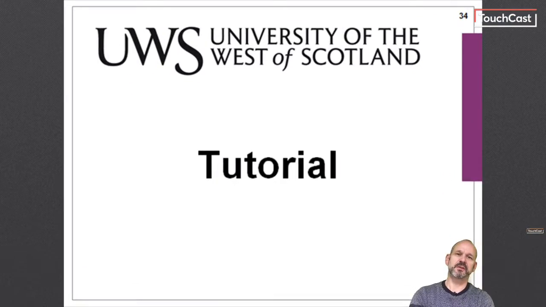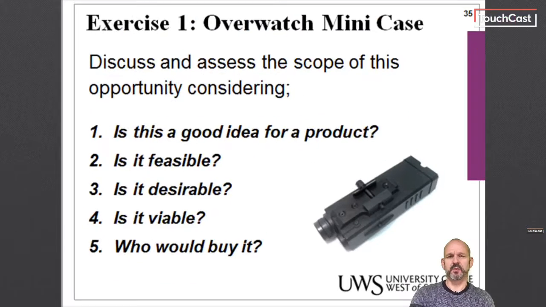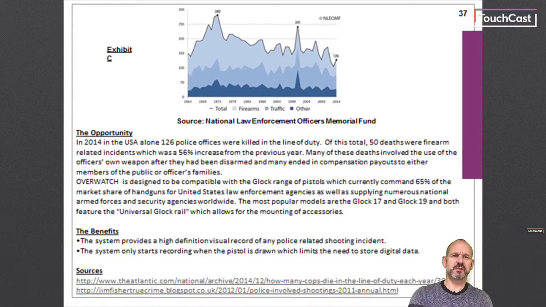This tutorial is designed to provide a practical example of how we can take an idea and develop this into a product. So for this exercise, examine the Overwatch mini case and reflect on this idea, focusing on the key questions shown here. So firstly, let's look at the extent of the opportunity. Now, in 2014 in the USA alone, 126 police officers were killed in the line of duty.